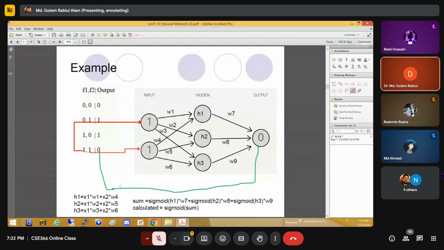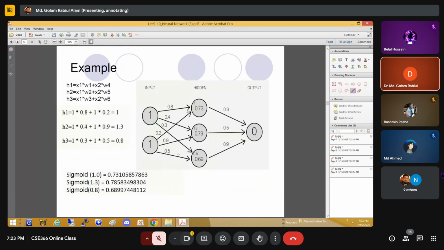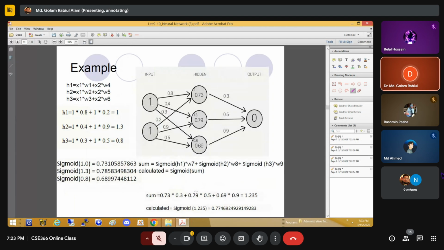We considered this example. We have taken just one input, 1, 1, and the expected output is 0. But if we input this 1, 1 onto this network, we predicted that the output is 0.774. So this is the output, 0.774.